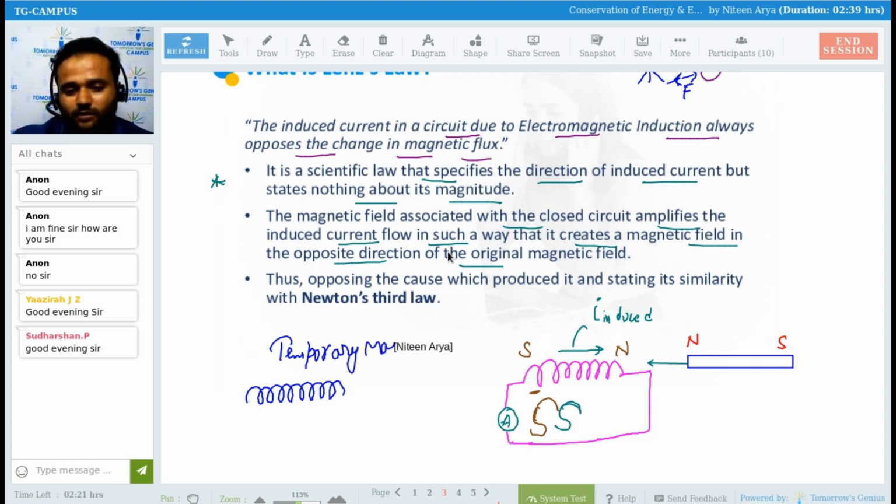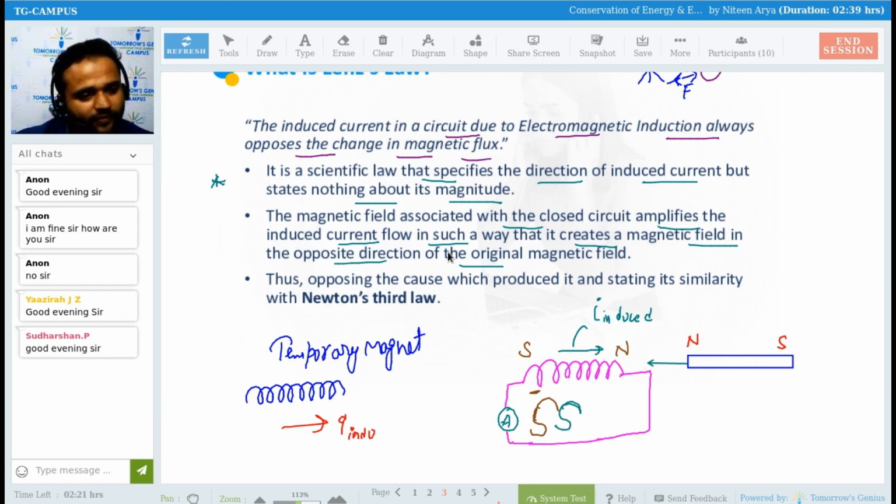Temporary magnet. Due to this induced current, due to the motion of this particular thing, due to the magnetic field flowing through, this becomes a temporary magnet as long as you are moving this. Clear? So this becomes south.